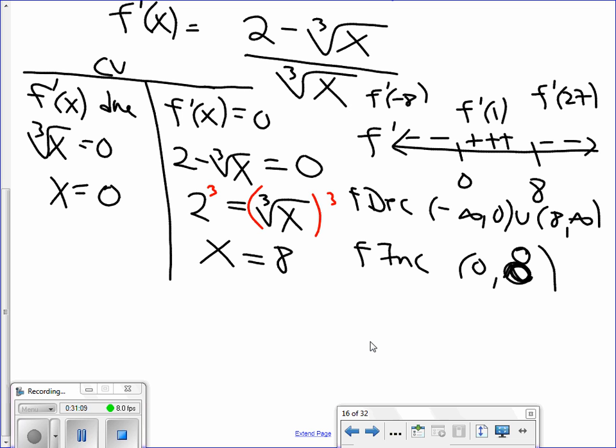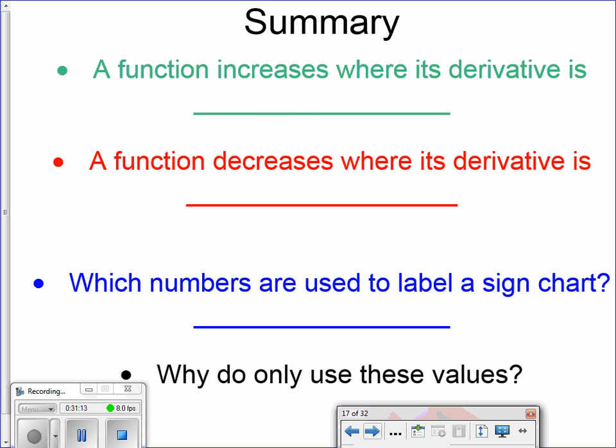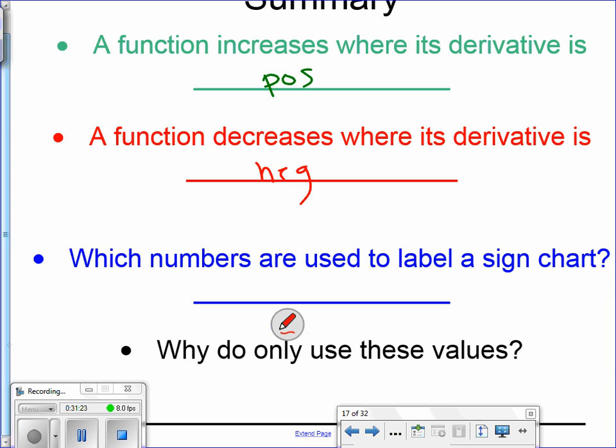I'm going to fill in the summary for the kids at home. Function increases where the derivative is positive. A function decreases where the derivative is negative. Which numbers are used to label a sign chart? Critical values.